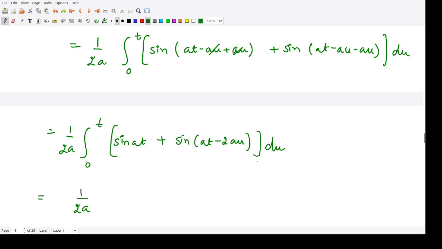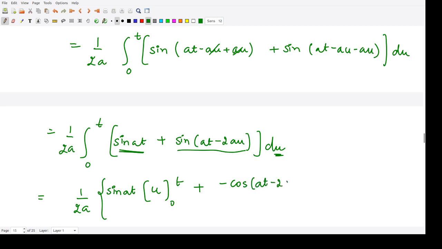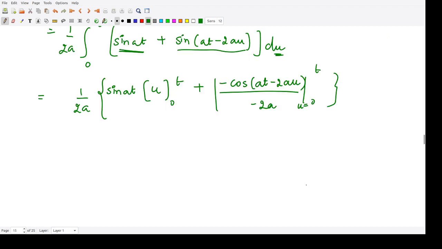Here you have to see the integration is with respect to u, so sine at is constant, and the integration of 1 would be u, with limits varying from 0 to t. And the integration of sine(at minus 2au) with respect to u would be minus cos(at minus 2au) divided by the coefficient of u, that is minus 2a, and the limits of u vary from 0 to t. So you can substitute the values here.